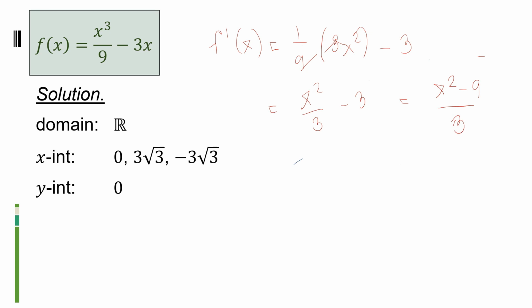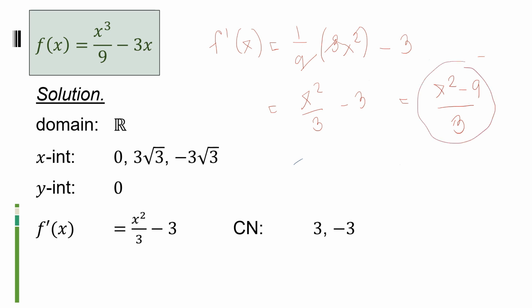And then from there, kukunin natin yung kanyang critical numbers. What are the possible critical numbers? We have 3 and negative 3. Paano naman nakuha yun? By setting the first derivative to be equal to 0.